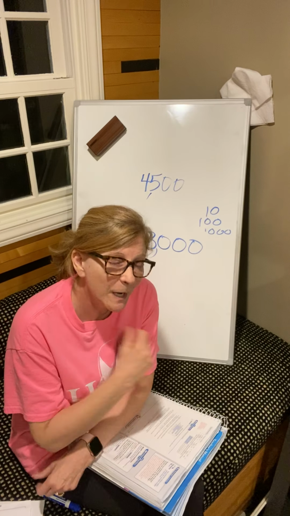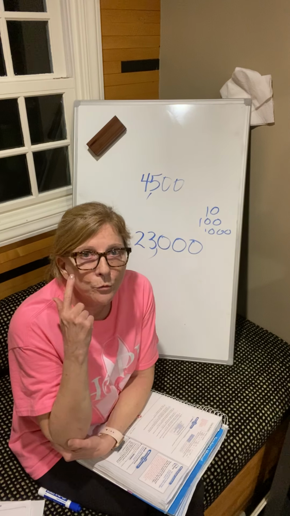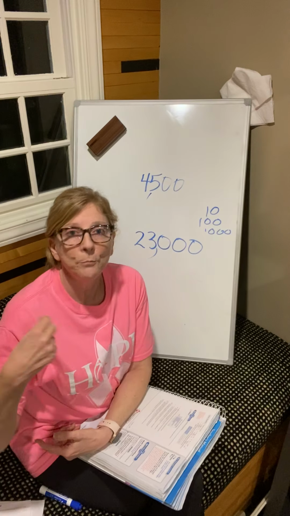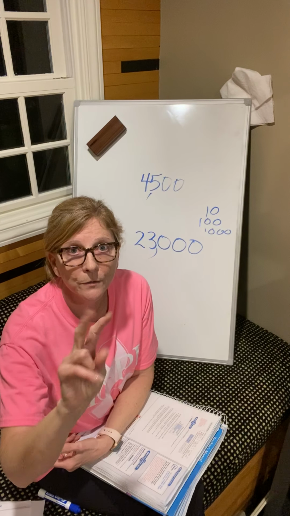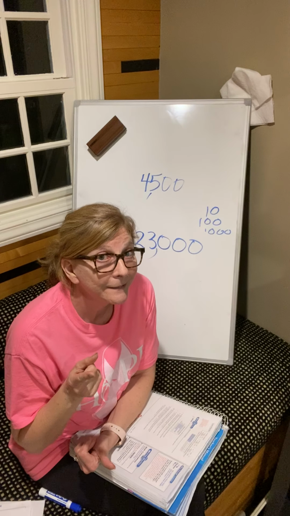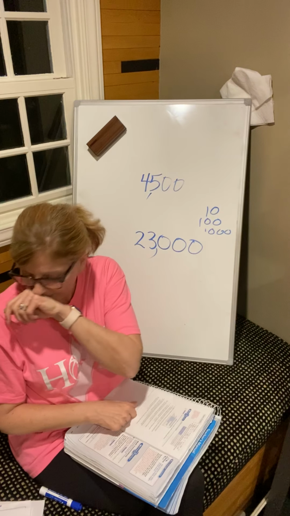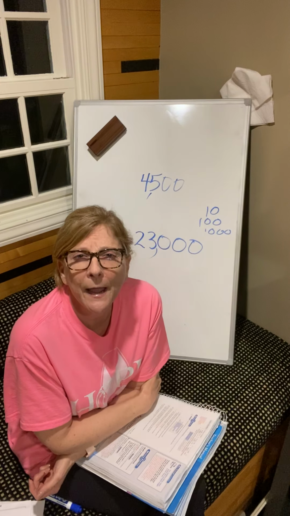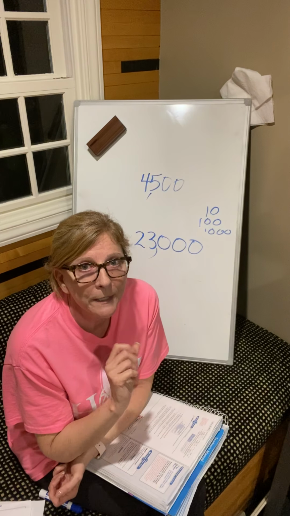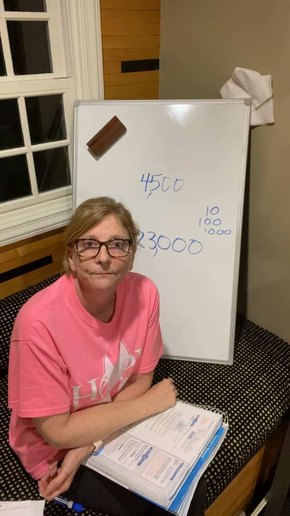Let me give you another one. 52 times 100. Now do it in your brain. Just take 52, put 2 zeros on the end, because there are 2 zeros in 100, and you get 5,200. Did you get it? All right, here's your next one. 7 times 1,000. Take the 7 times 1 is 7. Tack on 3 zeros. 7,000.